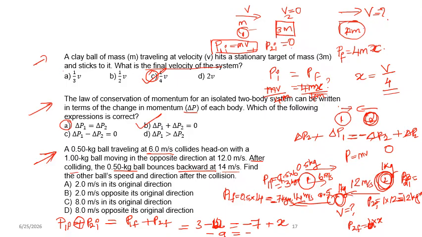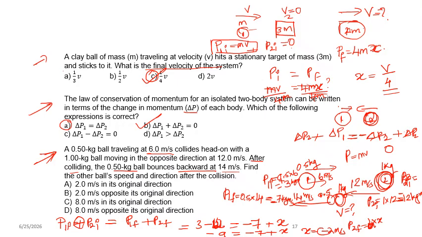That will be equal to minus 7 plus X. So this 7 will go to the other side, and X will become minus 2. So the velocity of the second ball, X, is minus 2 meters per second.